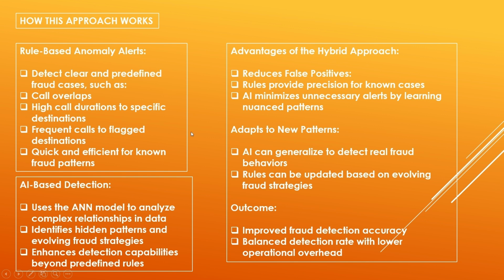Greater than 1000 minutes means a 16 hour call. Who does that? It's abnormal, not normal, a data anomaly. Similarly, call overlap: one call has not ended, another call started. So highly suspicious scenario. Then high call duration to a specific destination, frequent calls to a flagged destination, quick and efficient for known patterns.